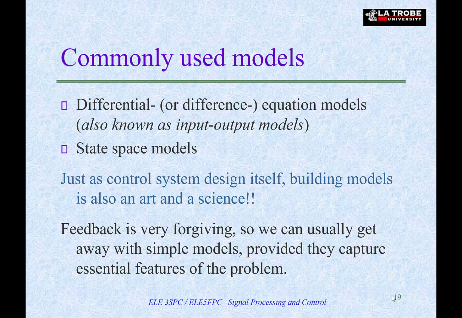So sometimes we can get away with simple models, and this model can also be quite crude, as long as the model captures the essential features of the problem we study. That is why in this subject, the mechanism of feedback plays such an important role.